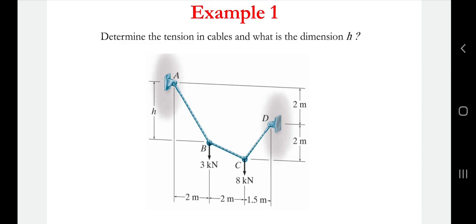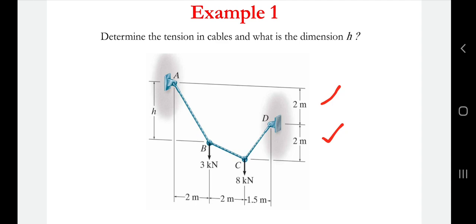Now look at this example. Here you have supports A and D. Load is applied on B and C, 3 kilonewton and 8 kilonewton respectively. The distances are mentioned. The vertical distance between A and D is 2 meters, and between C and D is 2 meters.